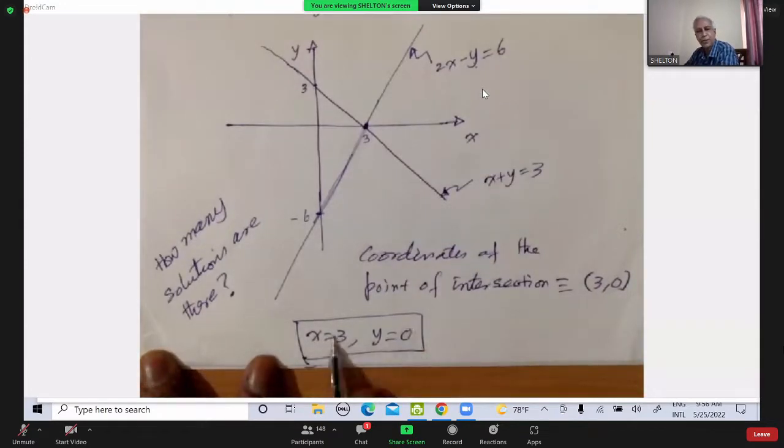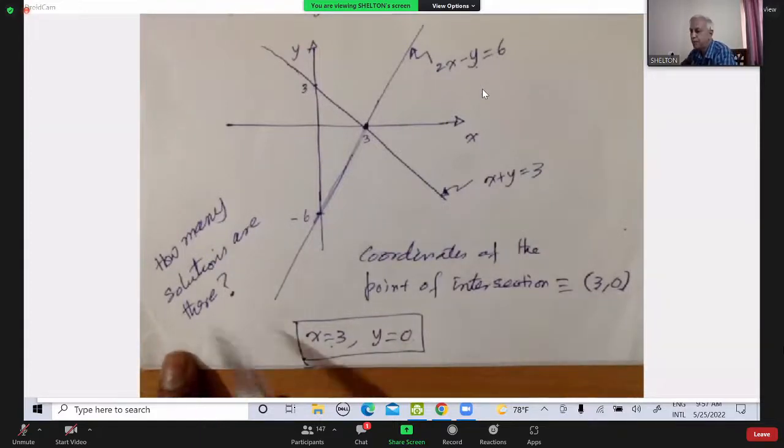These are the coordinates of the point of intersection. Written in terms of x1 and x2, it looks like this. Now tell me, how many solutions are there?